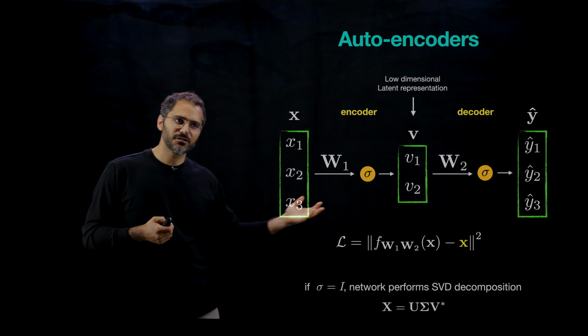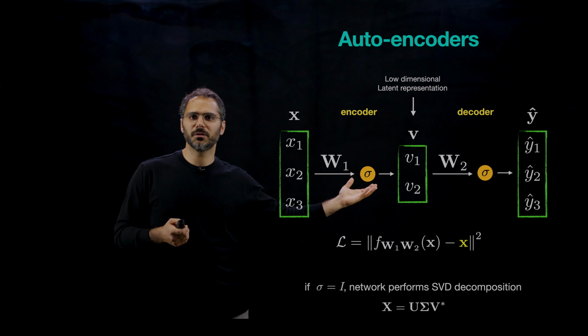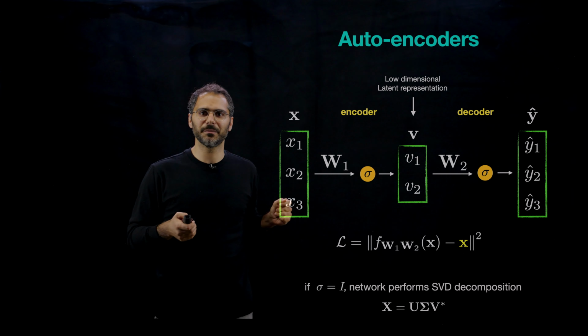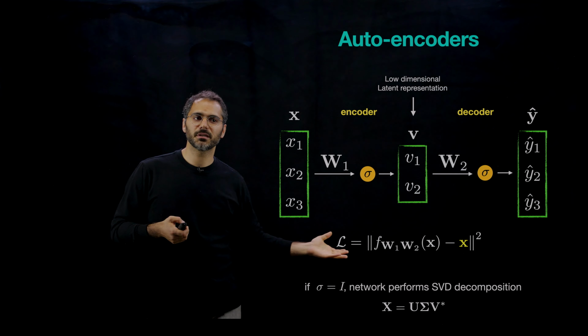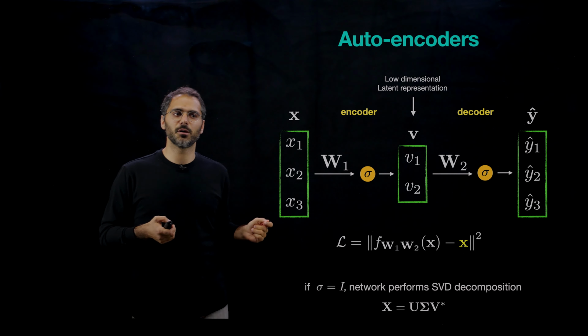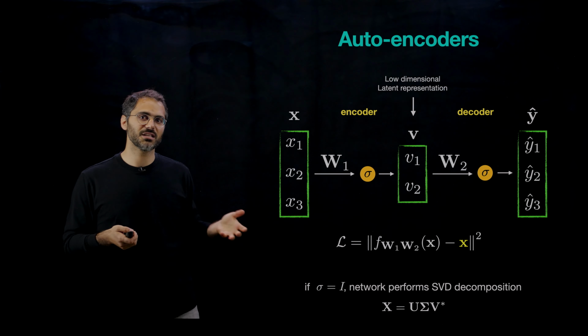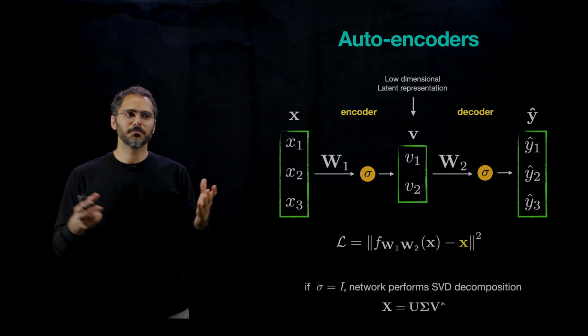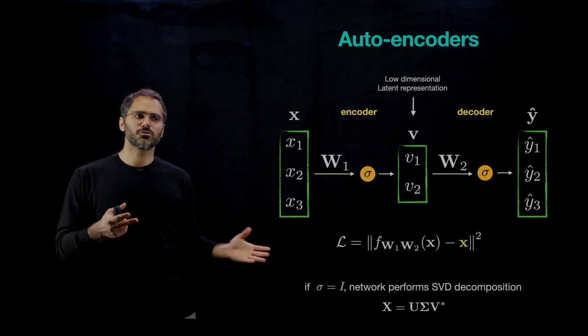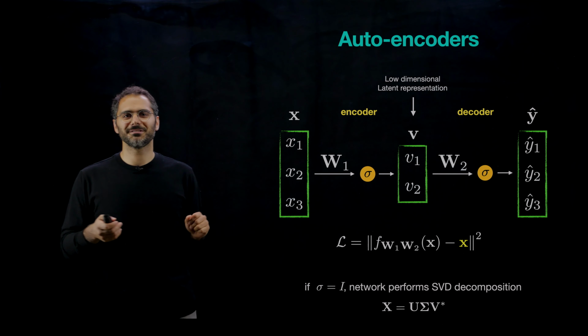And in fact, if you remove the sigma, if you make it an identity function, then you recover something similar to the SVD decomposition. It becomes equivalent to the SVD decomposition, which is the singular value decomposition.